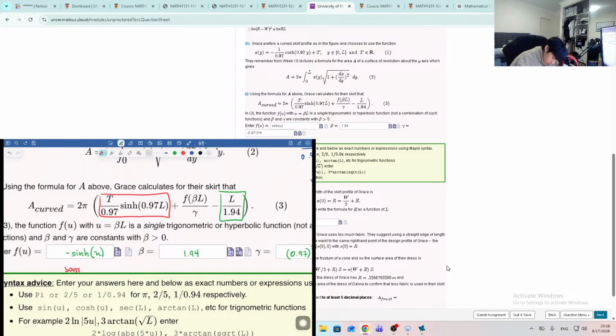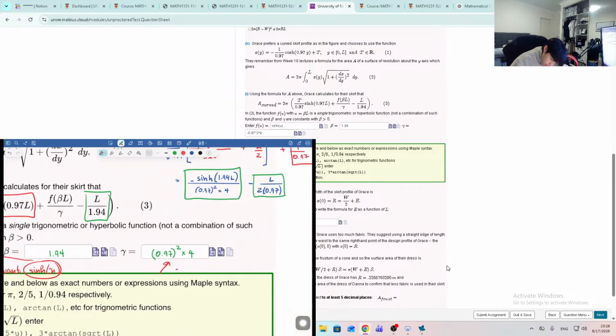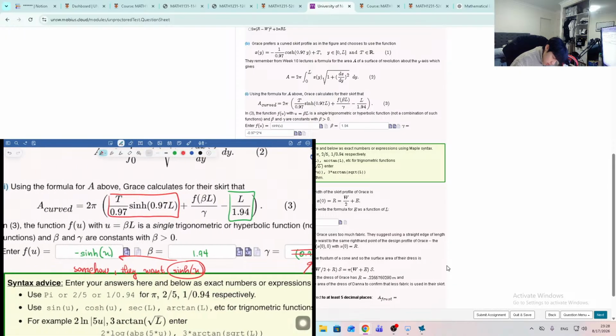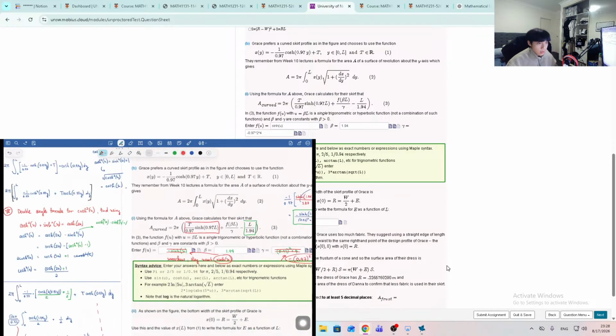Somehow they want sine u, this negative 0.97 squared times 4. Okay, I can live with that.